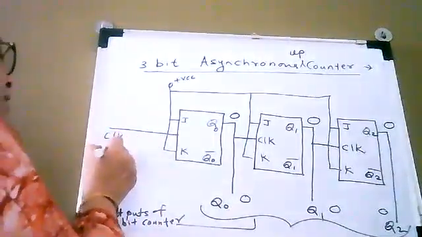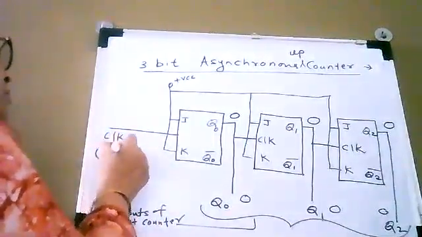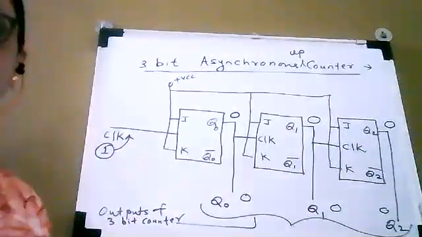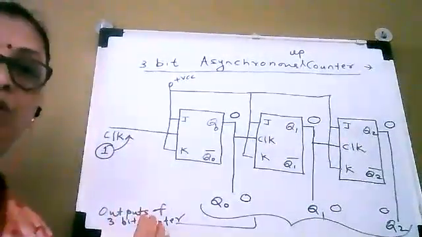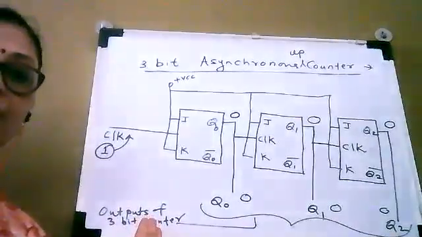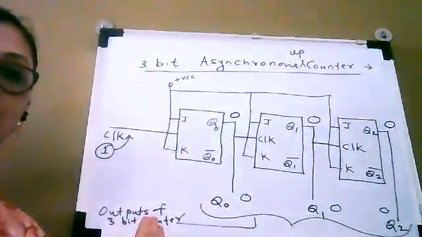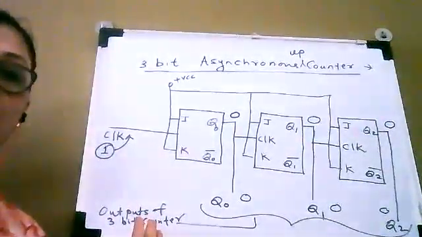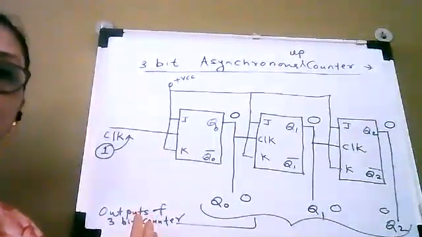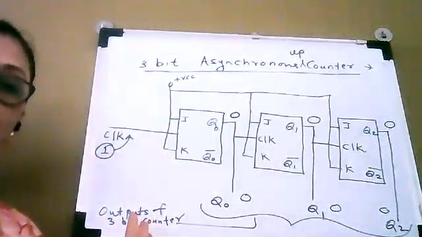Now, let us see what happens if we apply a clock pulse to the first flip-flop. So here I am applying the first clock pulse to this flip-flop. Here we have shown a positive level triggered flip-flop. That means it is going to be triggered when logic 1 is applied at the clock pin.